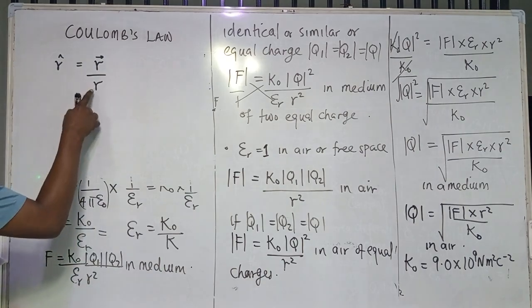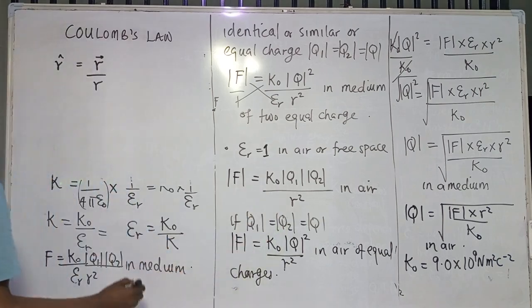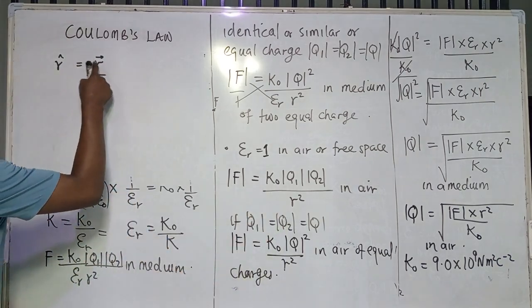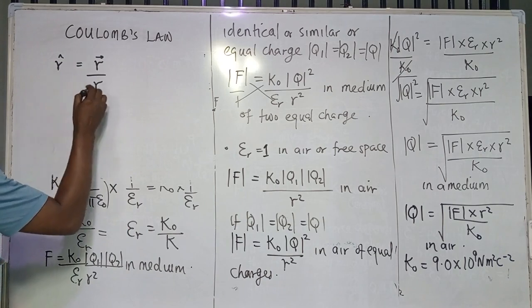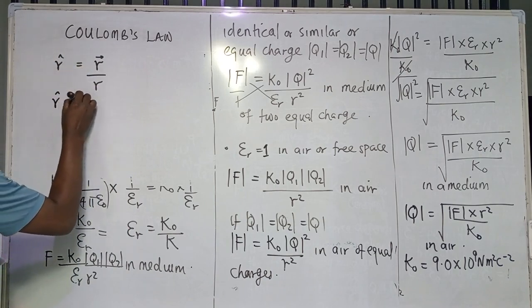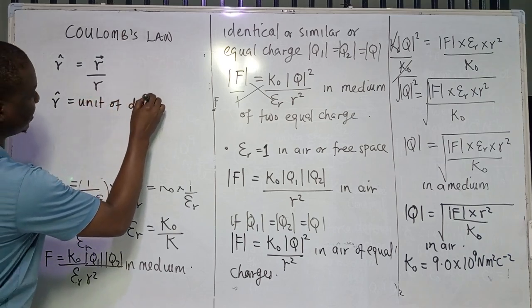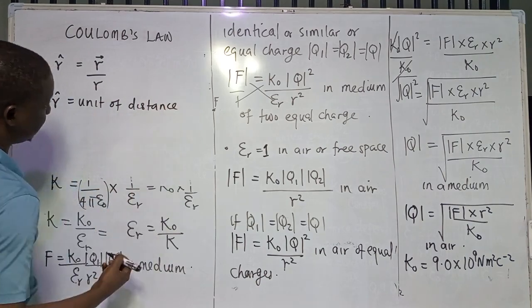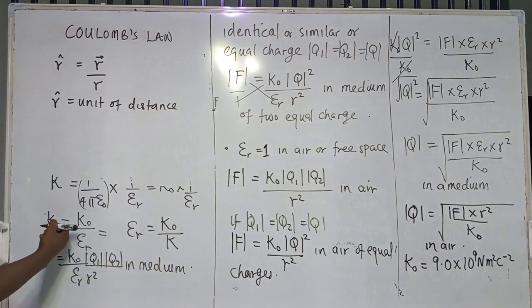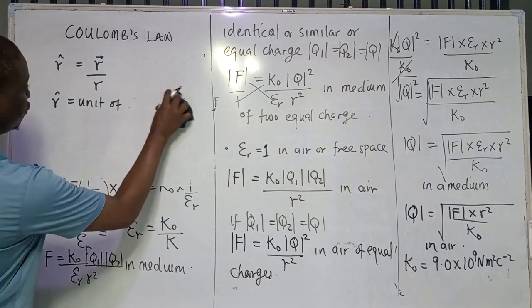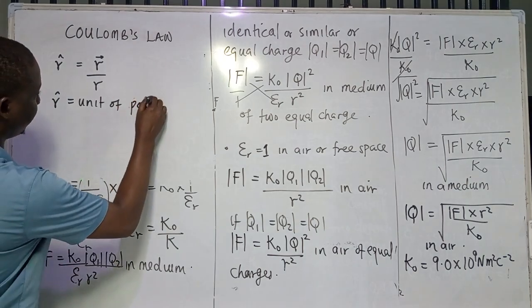So r, the distance between them, the vector form of r is a unit vector of the displacement, or in this case the position.